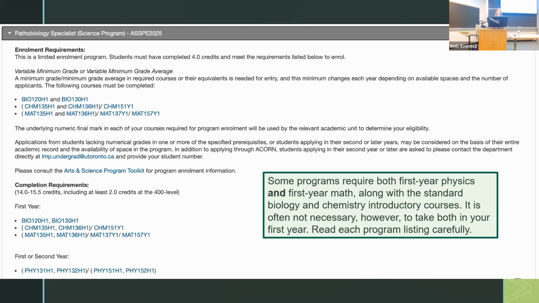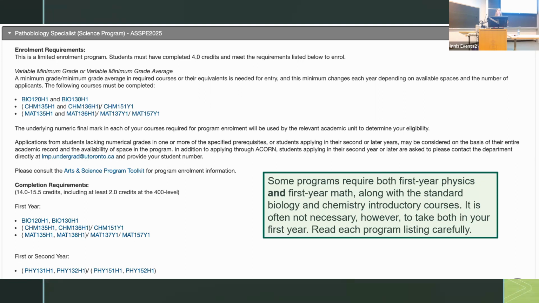The answer is no. The reason why he knows that chemistry has a year-long course is the Y in the Chem 151 course code. In most cases, the Y in the course code means that it's valued at 1 full credit. In most cases, 1 full credit courses run the full academic year. There are a couple of exceptions, but in most cases, a Y course will start in September and end in April.